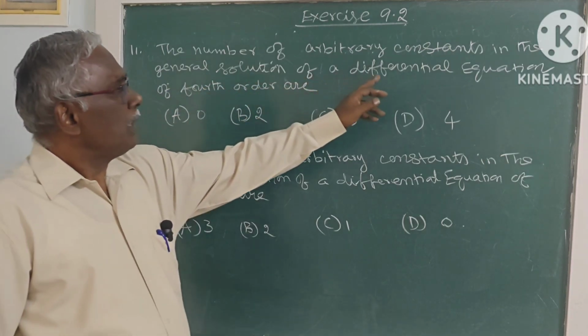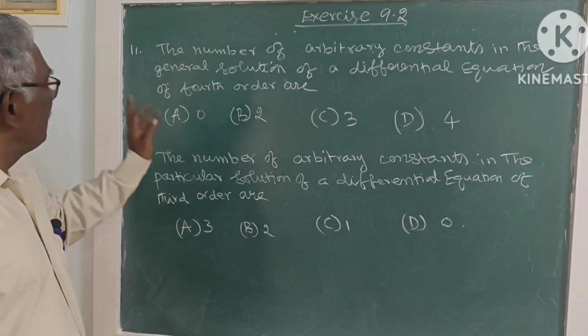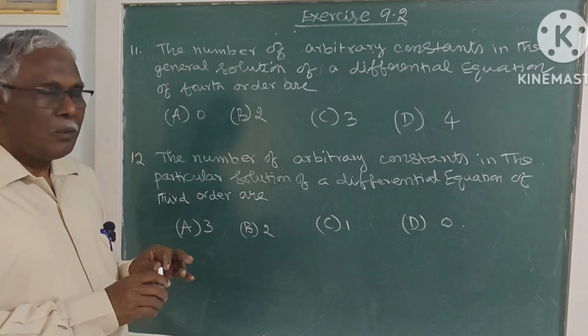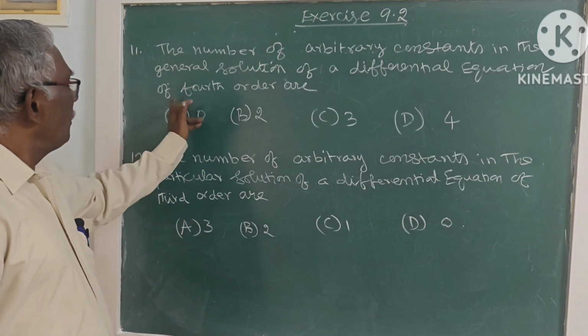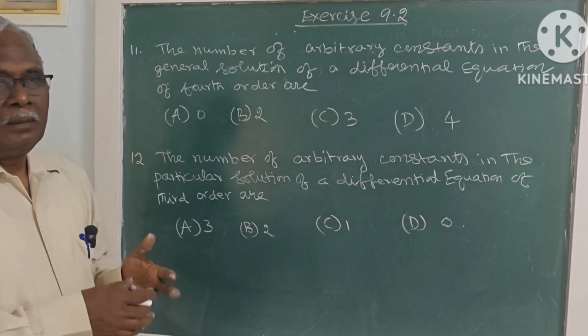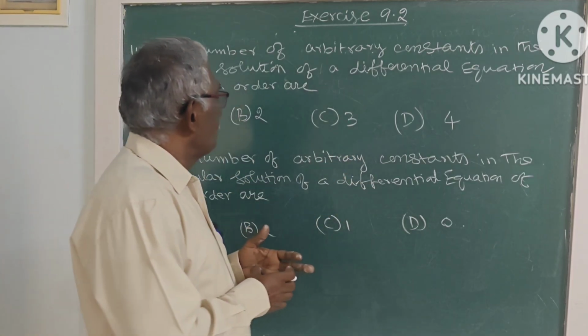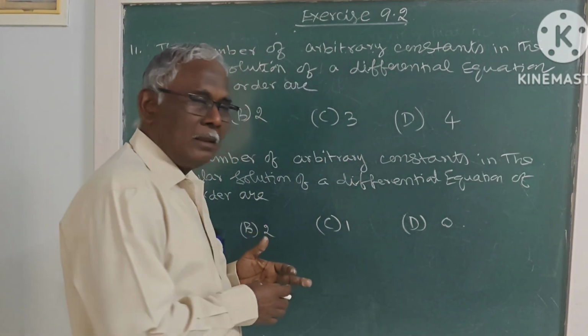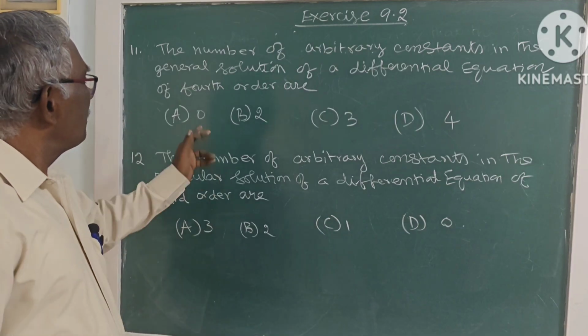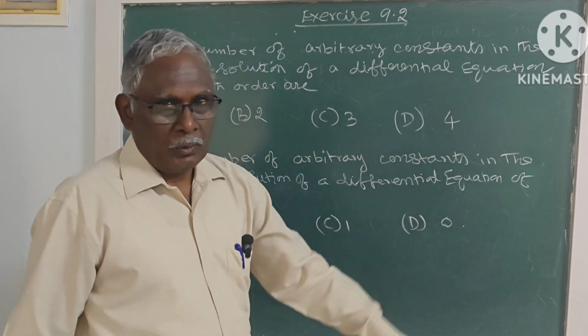The number of arbitrary constants in the general solution of the differential equation of fourth order are 4.